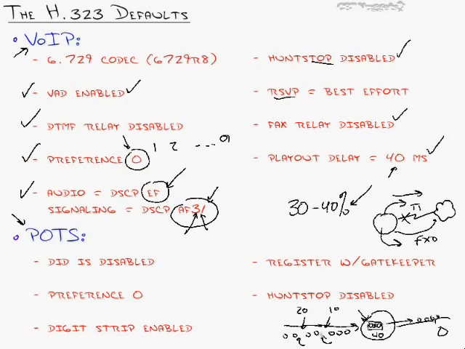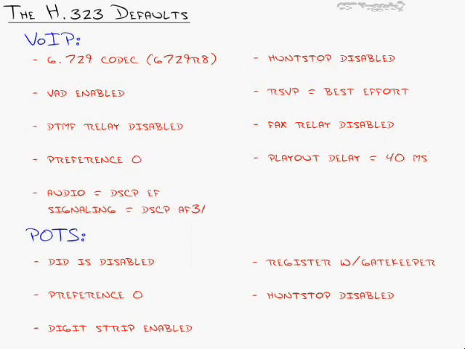So if you've got jitter more than 40 milliseconds, like a 45 millisecond guy right there, it's going to say, sorry, that packet gets dropped. It doesn't make it into the de-jitter buffer in time. So those are the defaults of the voice over IP world.